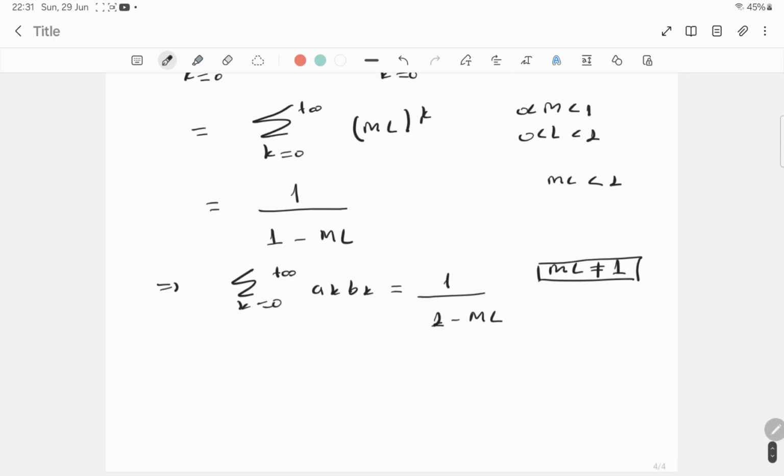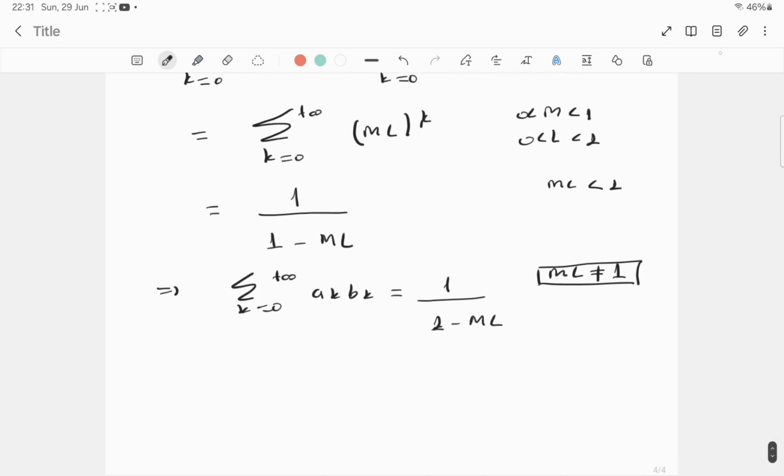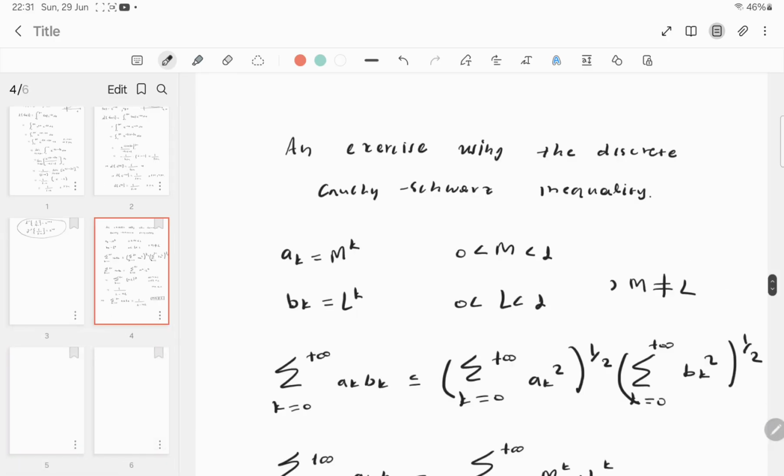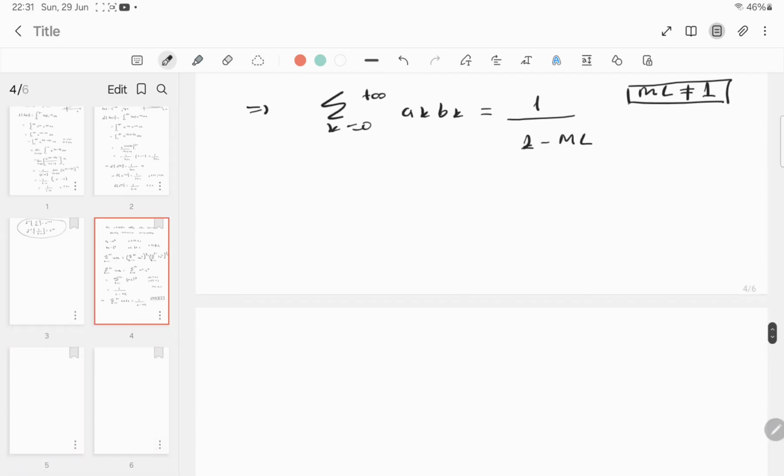Now let's work out the right-hand side of the inequality. We have the sum k from 0 to infinity of a_k squared, to the power of a half.